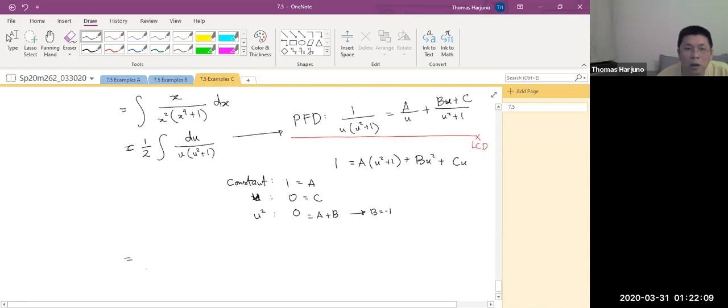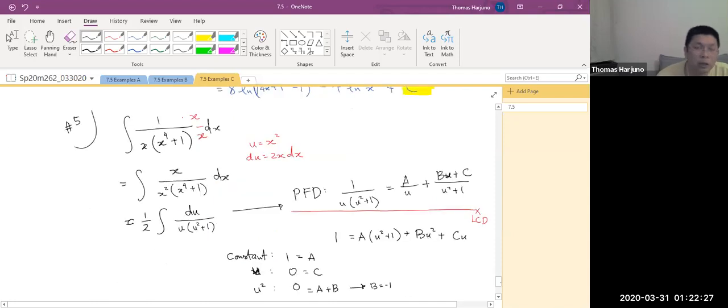It's 1/2 integral of 1 over u minus u over u squared plus 1 du. You can go on yourself from there. But the tricky part is actually trying to find a good substitution, and for that we multiply the top and the bottom by x first.